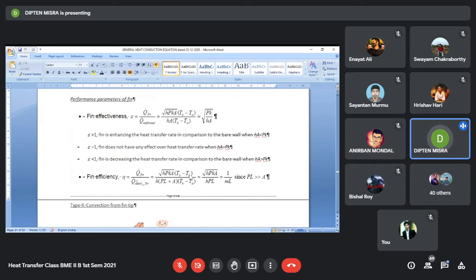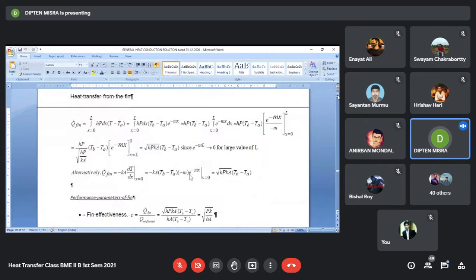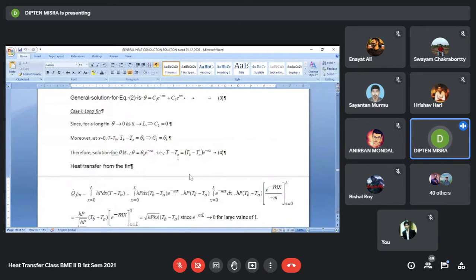In general, what happens is that along the length of the fin, the temperature decreases from the maximum value TB at the base of the fin, and as we move out from the base of the fin, there is a temperature drop given by the expression T minus T ambient equal to TB minus T ambient times e to the power minus mx. That is the temperature distribution.